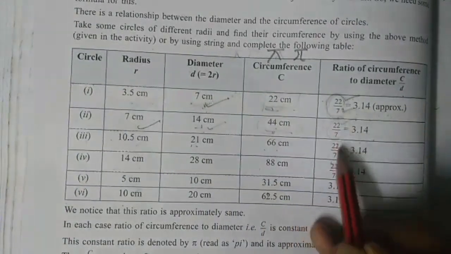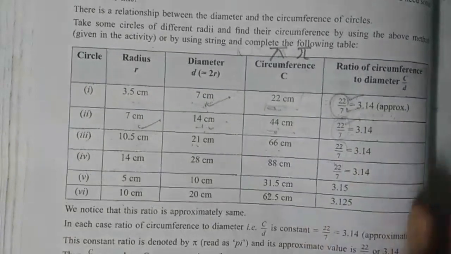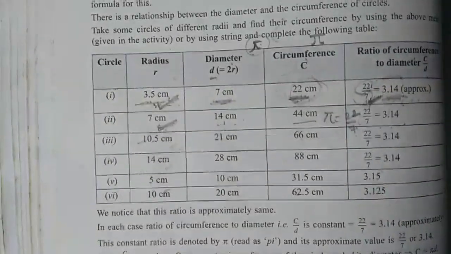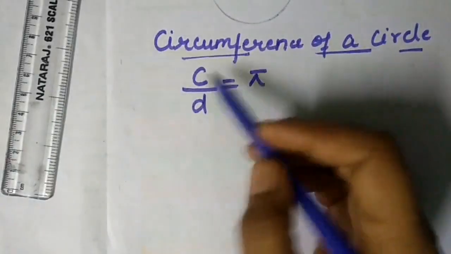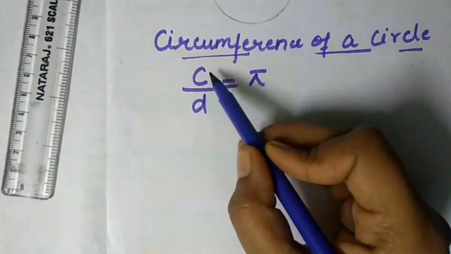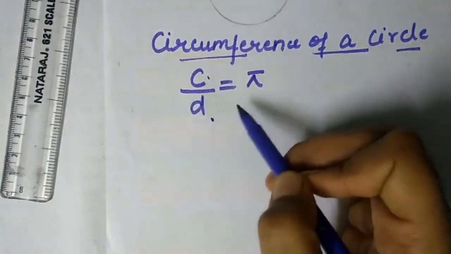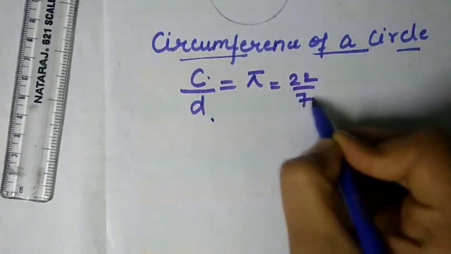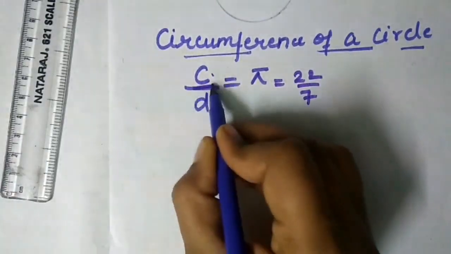Every case I am getting the fixed ratio, that is 22/7, and that is known as pi. So students, from the observations we have observed that the ratio of circumference to the diameter always gives pi, that is 22/7.